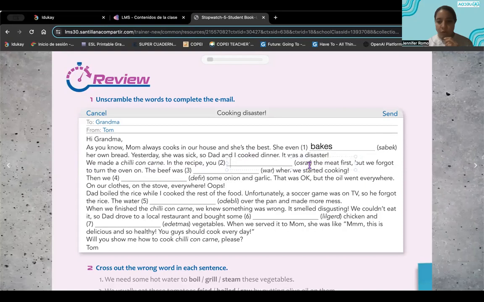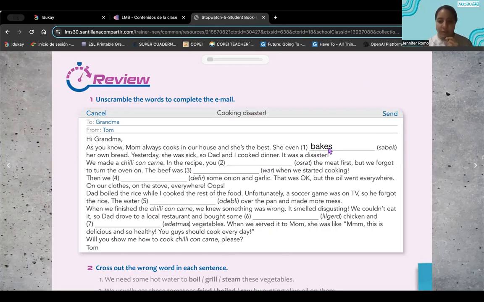here we have the word, I don't know, probably can be roast. So the meat first, but we forgot to turn the oven on. So that's the way you have to do this.